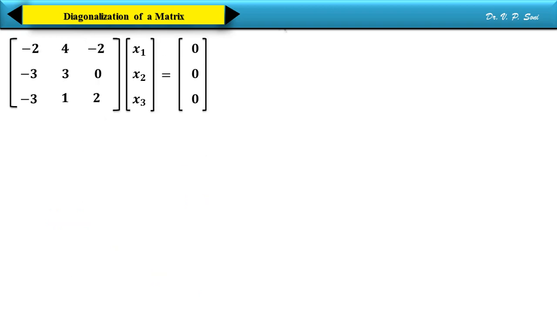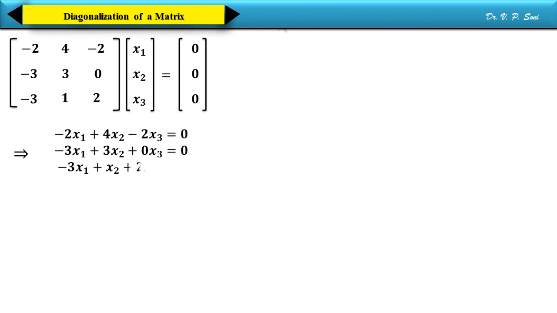Now multiply matrix A minus lambda I and column matrix x1, x2, x3, then we get minus 2x1 plus 4x2 minus 2x3 equal to 0, minus 3x1 plus 3x2 plus 0x3 equal to 0, minus 3x1 plus x2 plus 2x3 equal to 0.